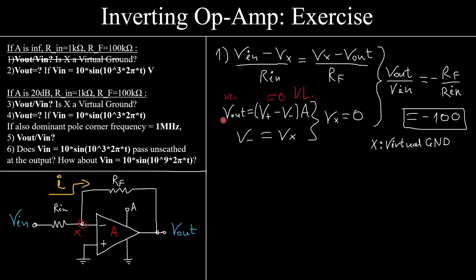Okay, we are done with the first one, and then we are asked to find how much is V out now if V in is a signal over here, like this, with 10 times the sine, which has some frequency over here, but our result does not really depend on the frequency. V out must be minus 100 times V in.